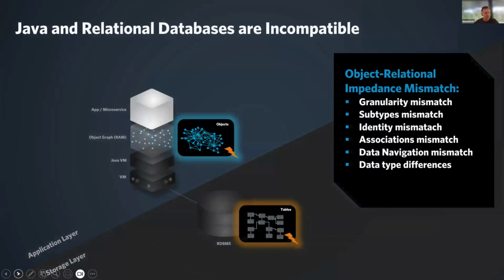So to explain EclipseStore better, it is easier to understand or to compare it with traditional databases. Here we have an overview of the architecture of a traditional database application.